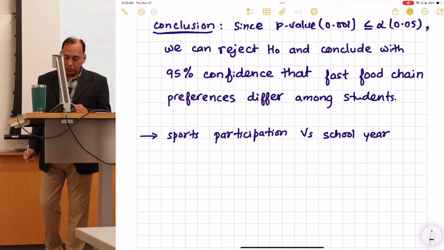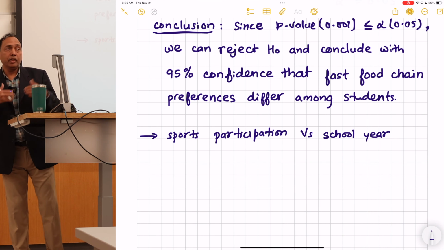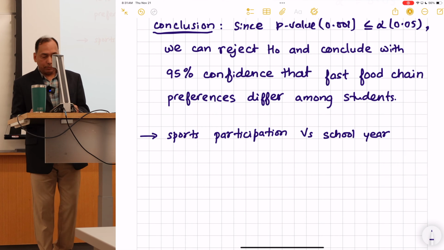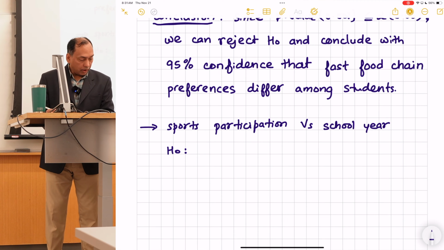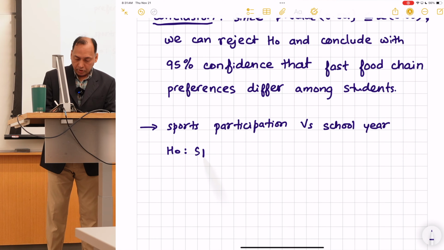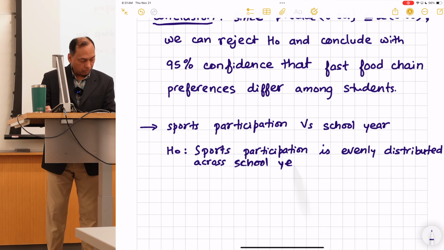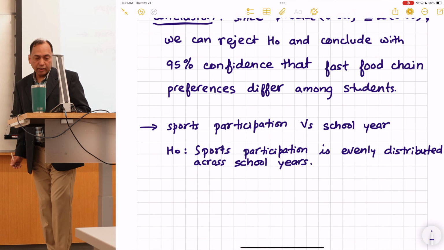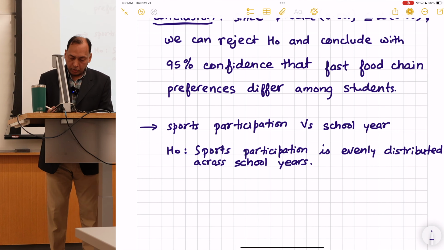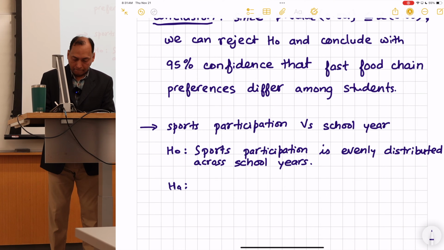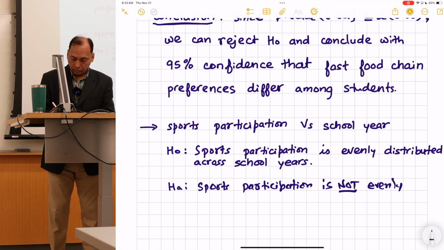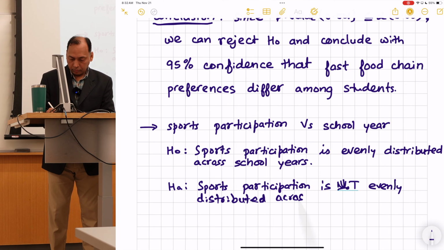Sports participation versus school year could be another application where the chi-square distribution can be used, where the null hypothesis is sports participation is evenly distributed across school years, versus the alternative.